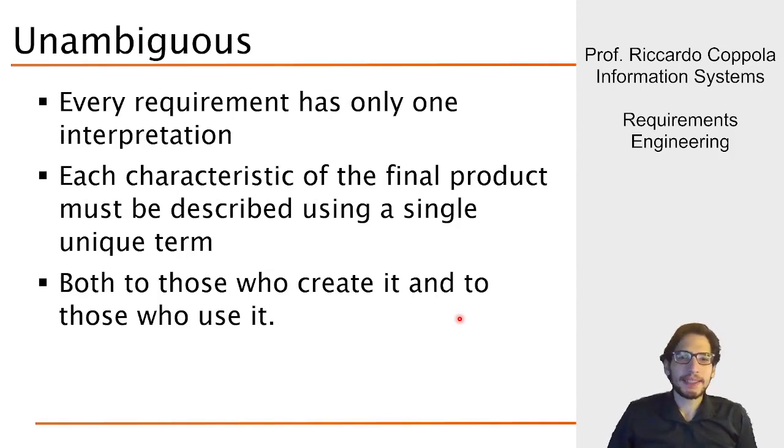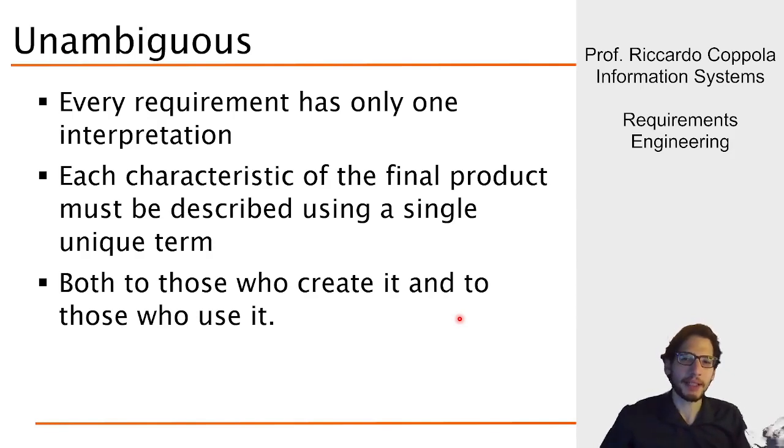Also important is that requirements must be unambiguous. So, in the limit of the possible, requirements must have a single interpretation. The idea is that each characteristic, each feature of the system must be described with a single term to reduce all the possible ambiguities.